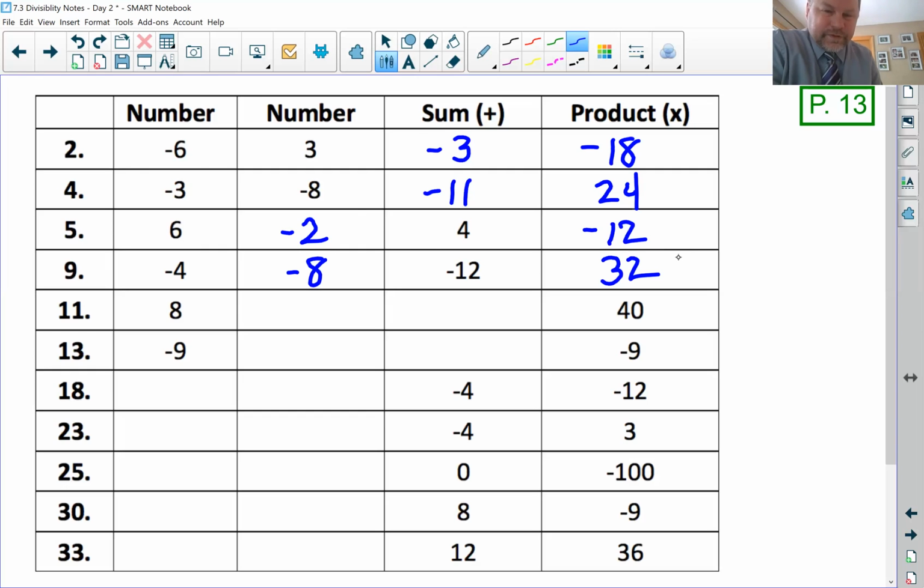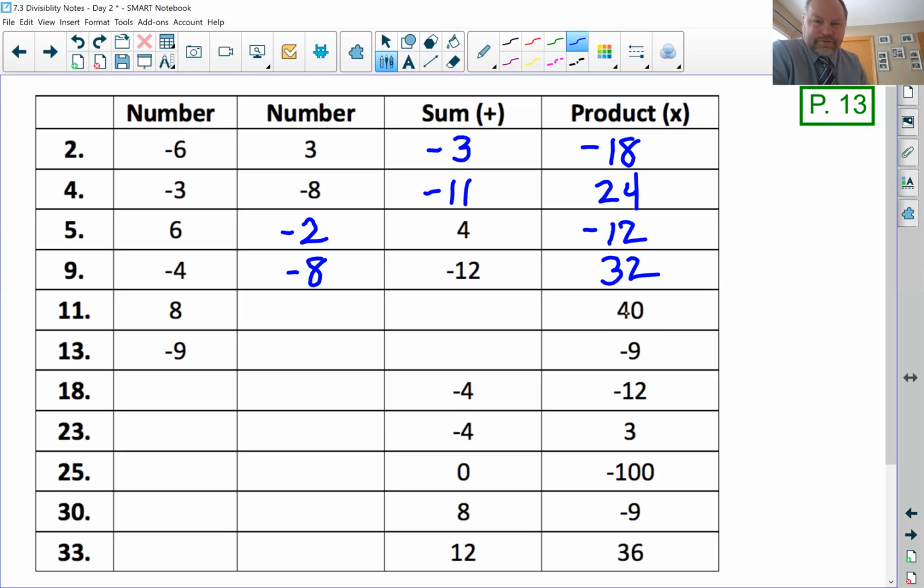All right. So in the chat, let me know, what number do I multiply by 8 to get an answer of 40? What number times 8 gives me 40?